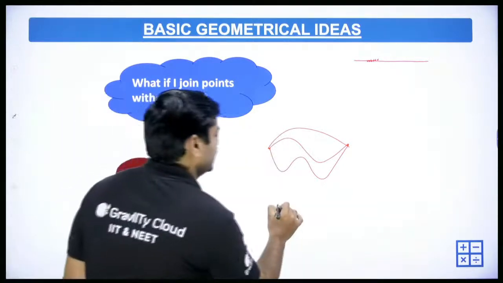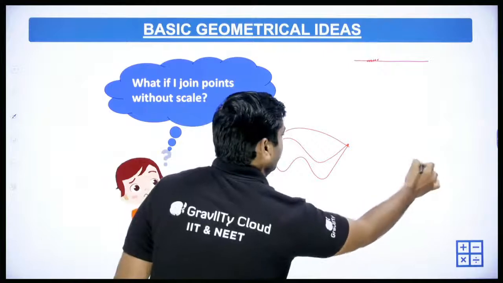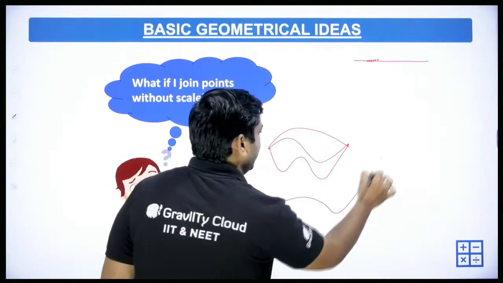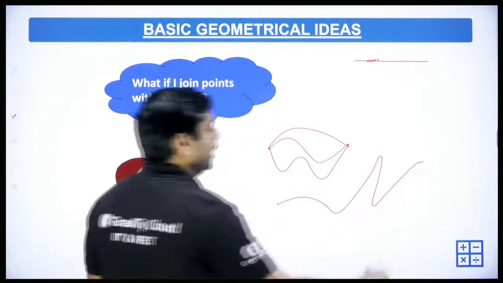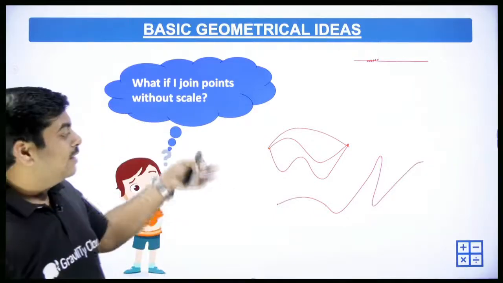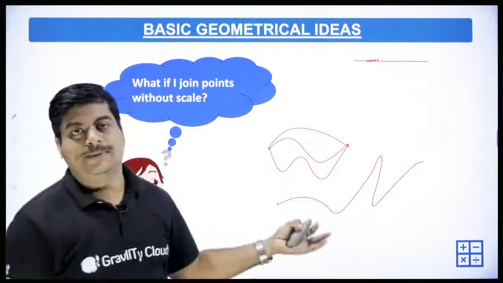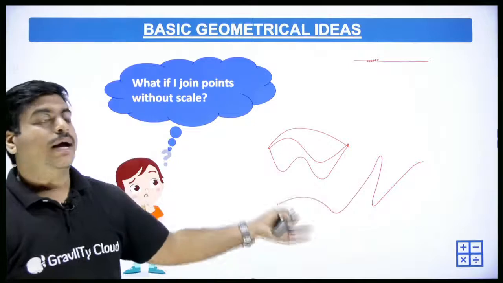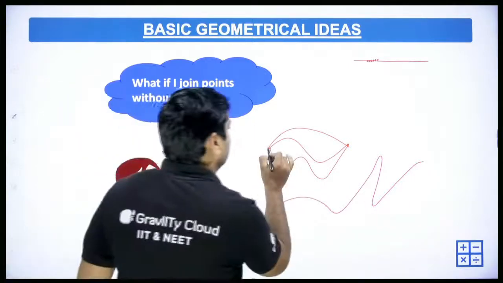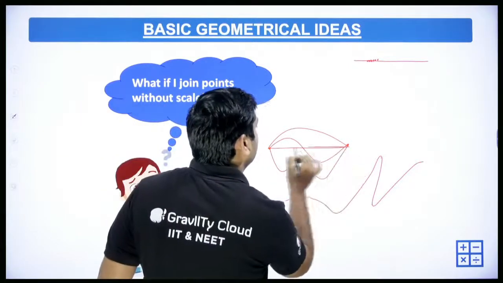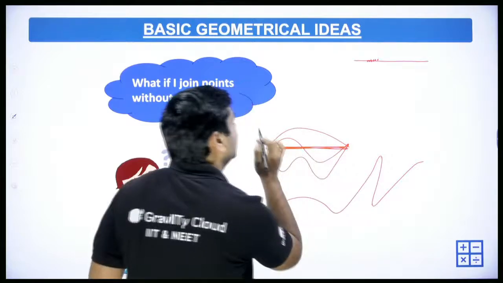If you have more points, let's say 3 points, 4 points, 5 points, joining all these in different paths, we get different curves, different shapes. Even the straight path is also considered a curve.